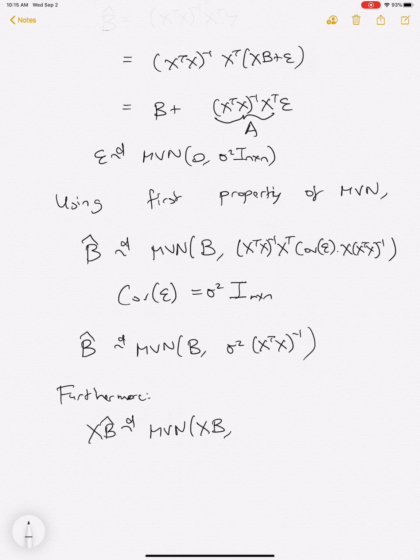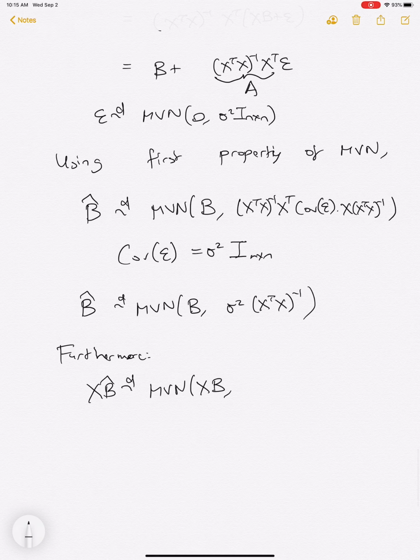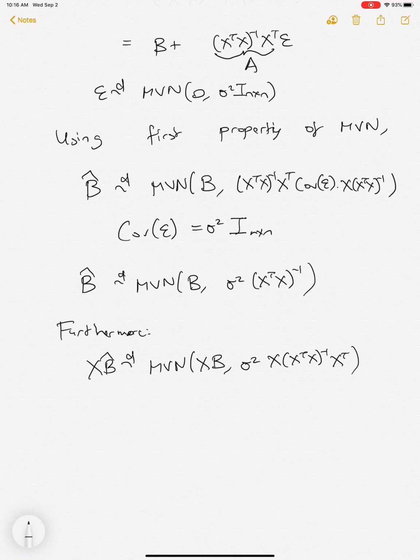Remember that you multiply the mean vector by the matrix itself, and then for the covariance you multiply both the left and right. You multiply the left by X and the right by X transpose. And so this is the hat projection matrix that we saw earlier.